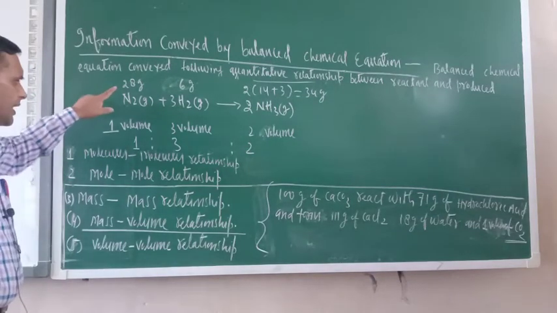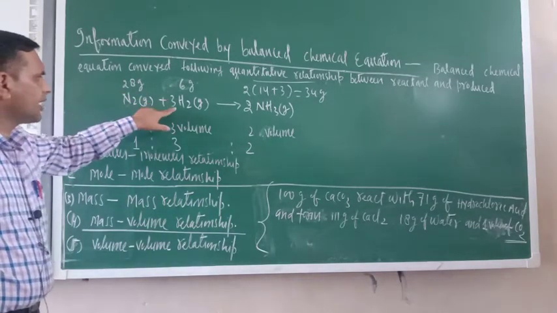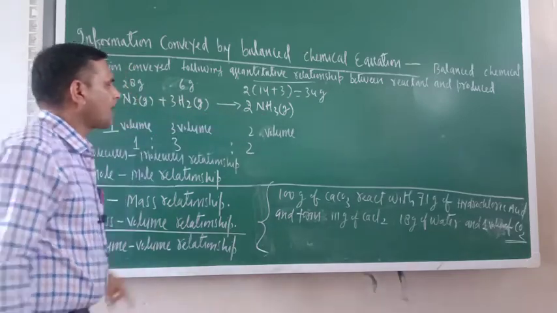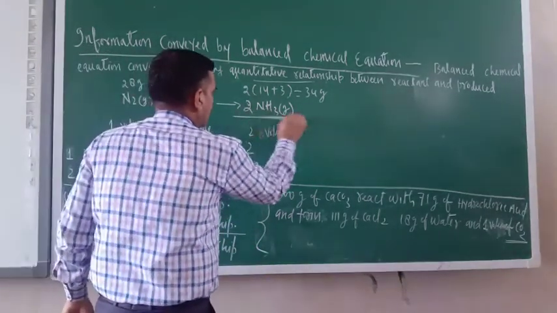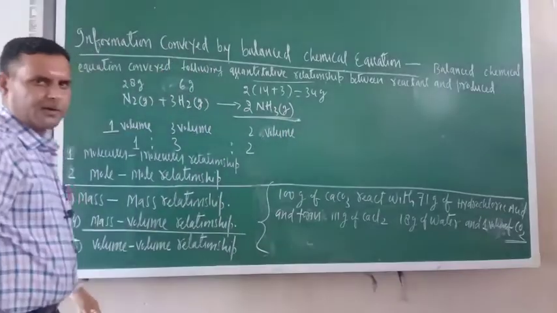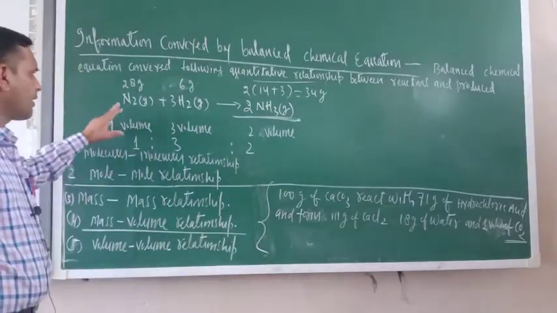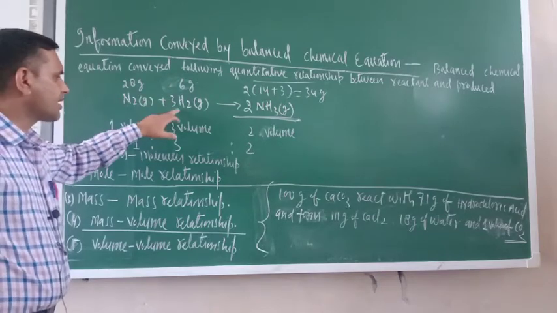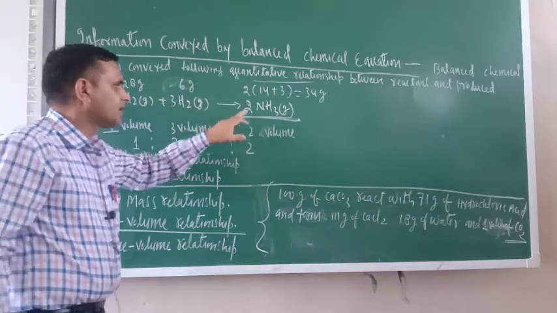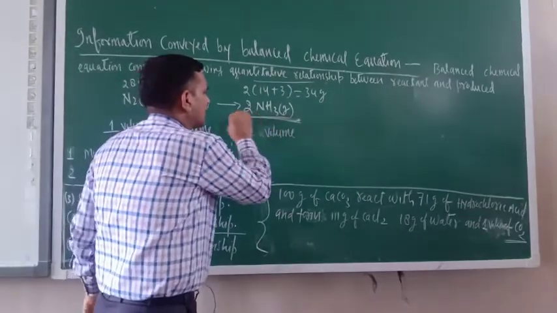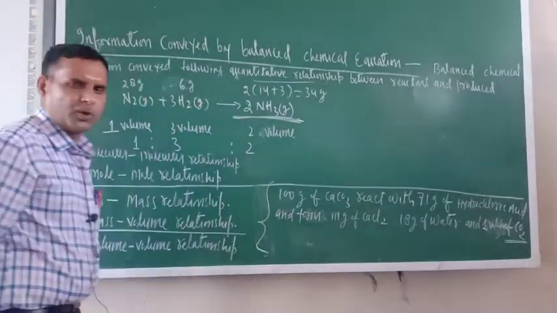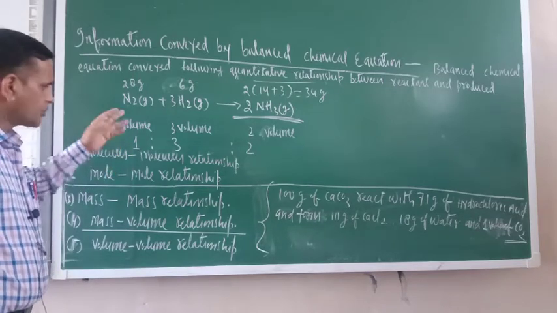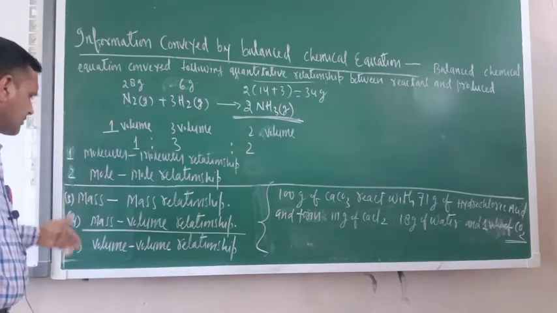So 28 gram of nitrogen reacts with 6 gram of hydrogen and forms 34 gram of ammonia. Are you getting my point or not? Yes, so we can mention it in terms of mass also.